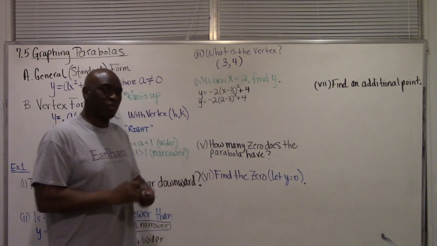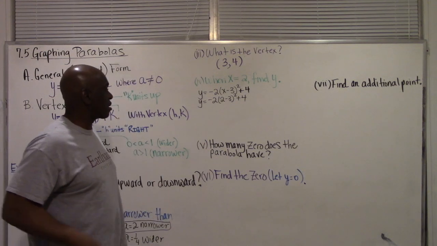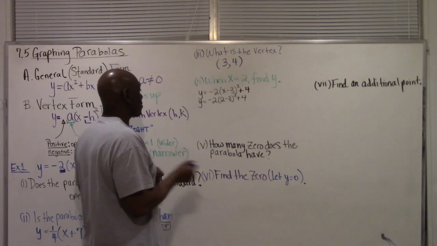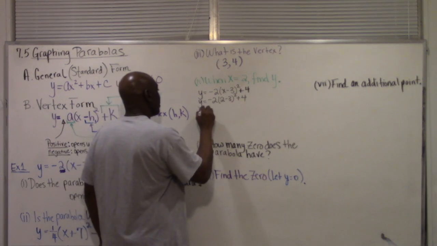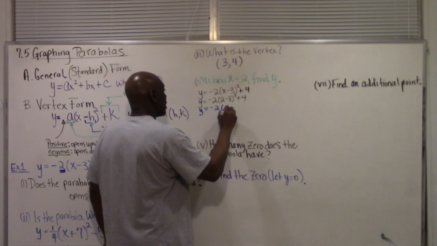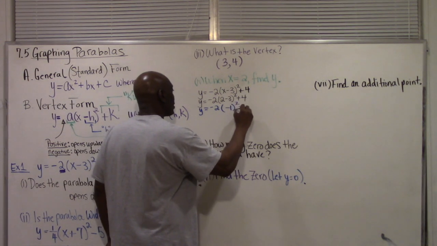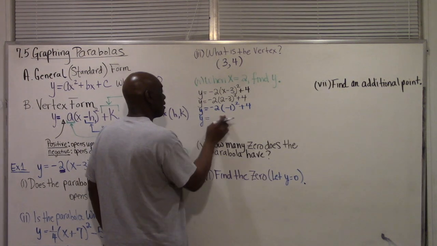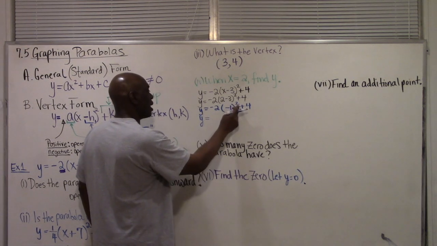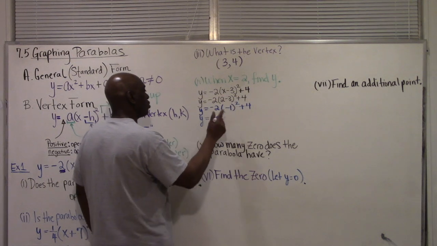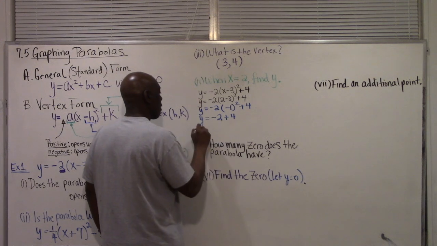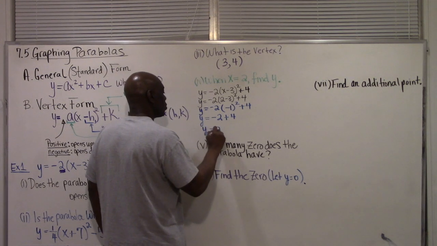What's the matter with just doing arithmetic? Just simplify it down. So y equals negative 2 times negative 1 squared plus 4. Negative 1 squared is 1, and 1 times negative 2 is negative 2. Plus 4, and so y equals 2.